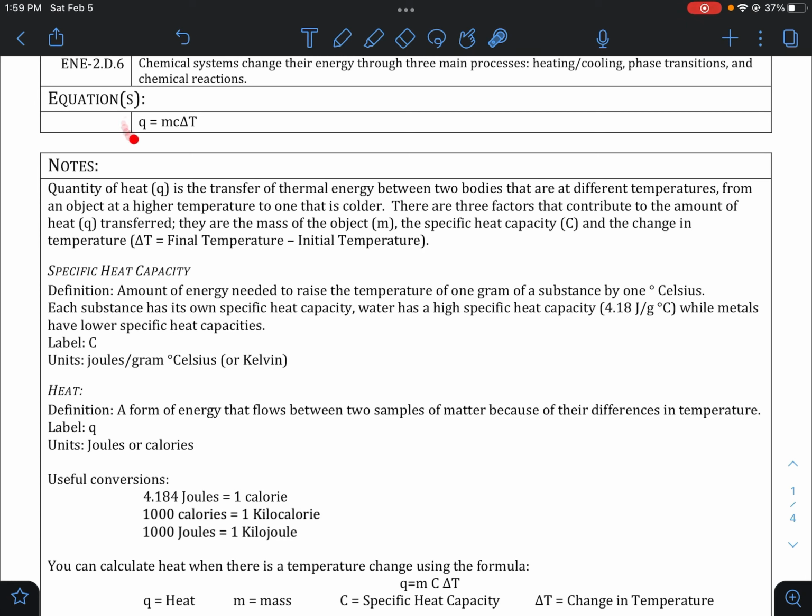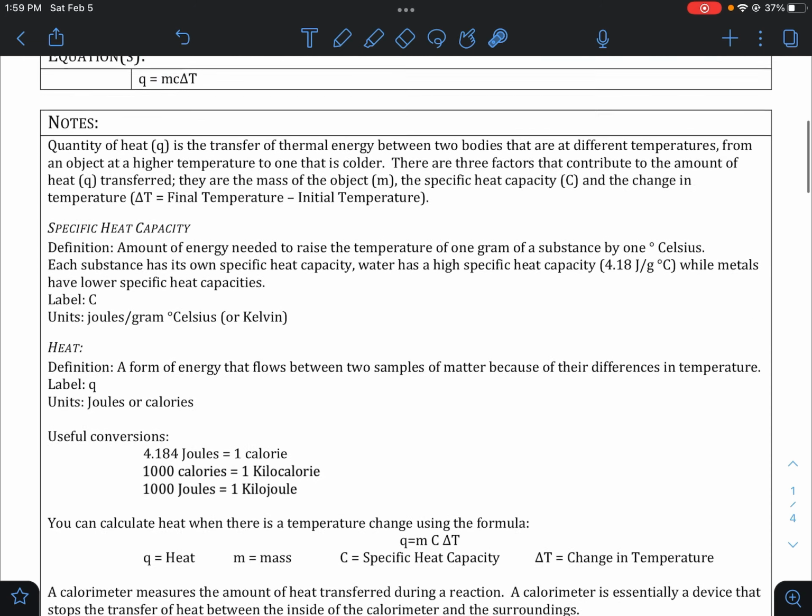So temperature and heat are on opposite sides of the equation, but they are both in the numerator, which means they are directly proportional. If the change in temperature goes up, so does the heat. That's why we've said in the beginning that these are very similar, but this is the unit where we figure out the distinction between heat and temperature.